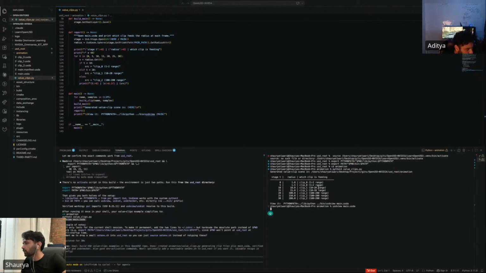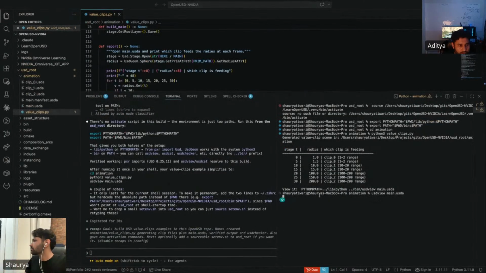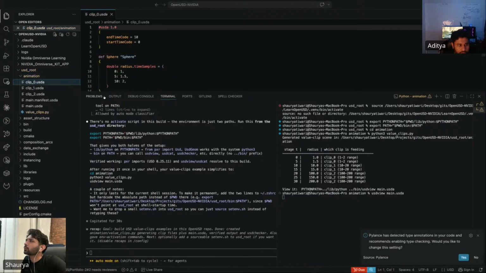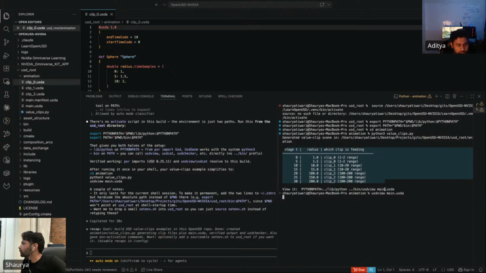Oh, so look at this table. You'll understand now. Over here. Oh, okay. This table, look at this. Now the table stage: timecode 0, radius is 1, clip 0, 1 to 2 range, from 0 to 5.